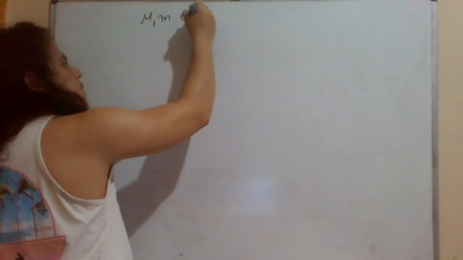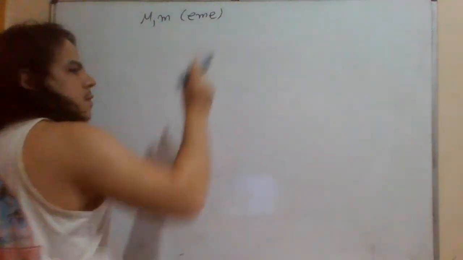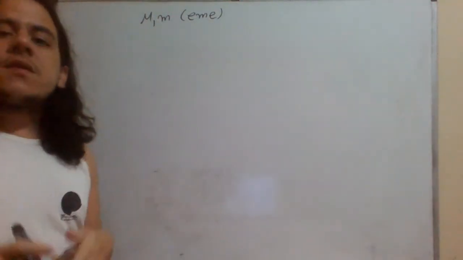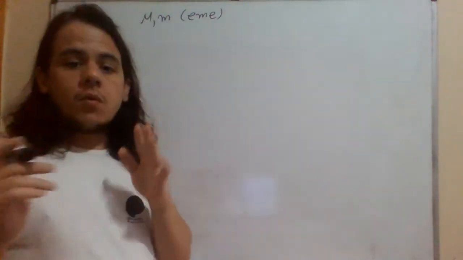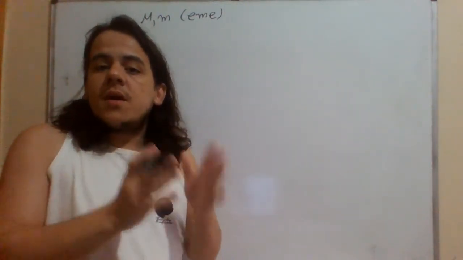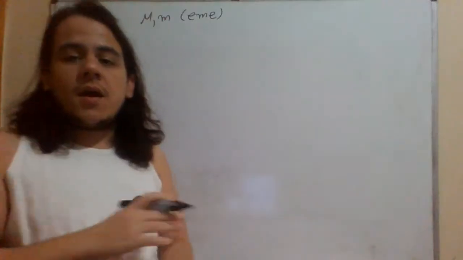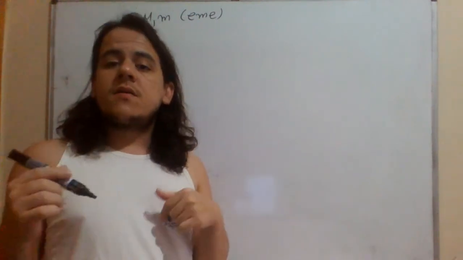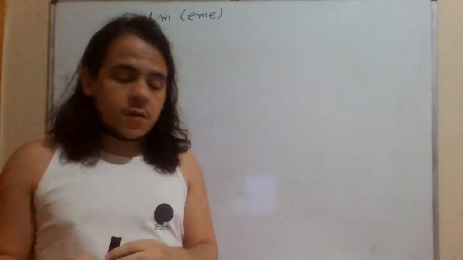In Portuguese, M. Letra M. This letter has basically two sounds. One, if letter M is at the beginning of a syllable, and another sound if letter M is at the end of the syllable.